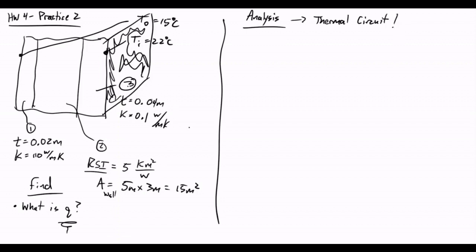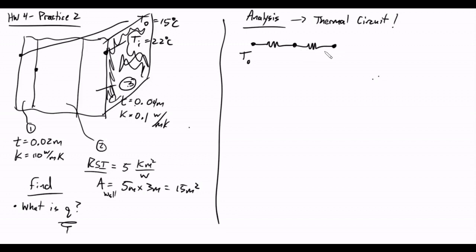Hooray! So let's draw our little circuit. First we have the outside temperature node, and then there's heat conduction between T out and this temperature, which represents the temperature at the interface between these 2 materials. We're not even going to name that because it turns out we won't need to find it.